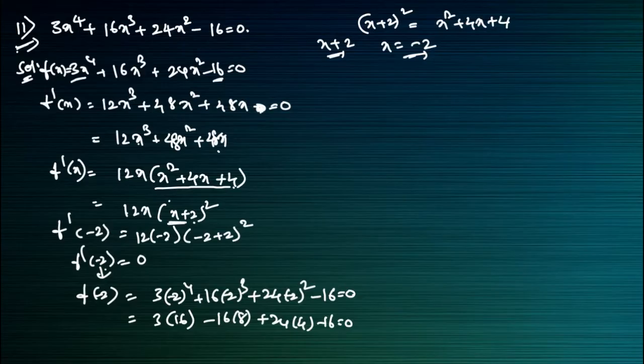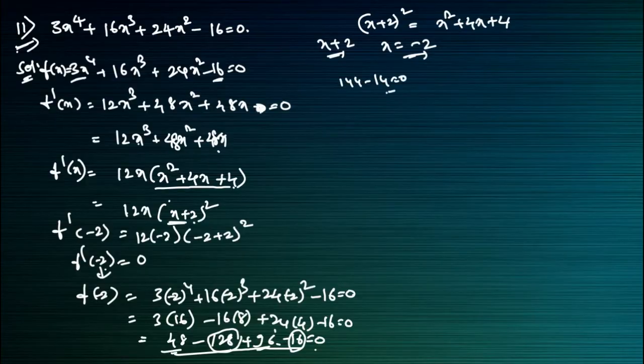So the total will become 16 times 3 is 48, 16 times 8 is 128, 24 times 4 is 96, minus 16. 48 plus 128 plus 96 is 272, minus 16 is 256, hmm, checking the terms, it comes to 144 minus 144 is equal to 0. So minus 2 is a factor of this given equation.